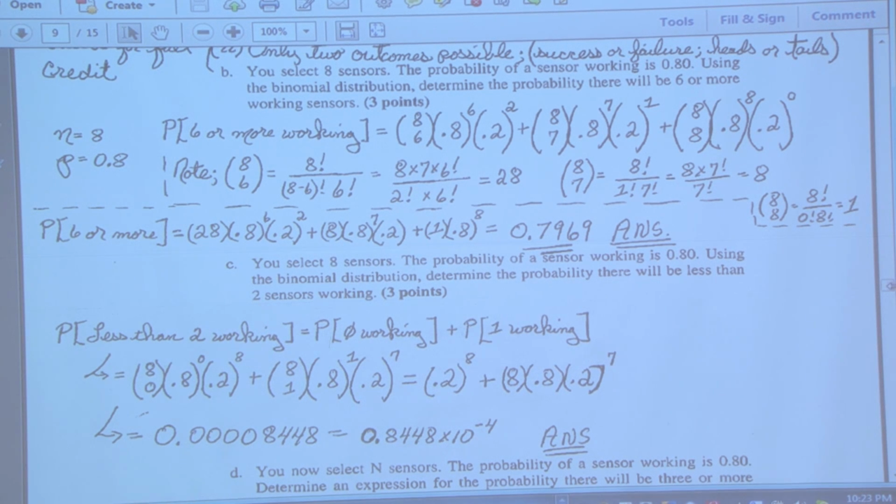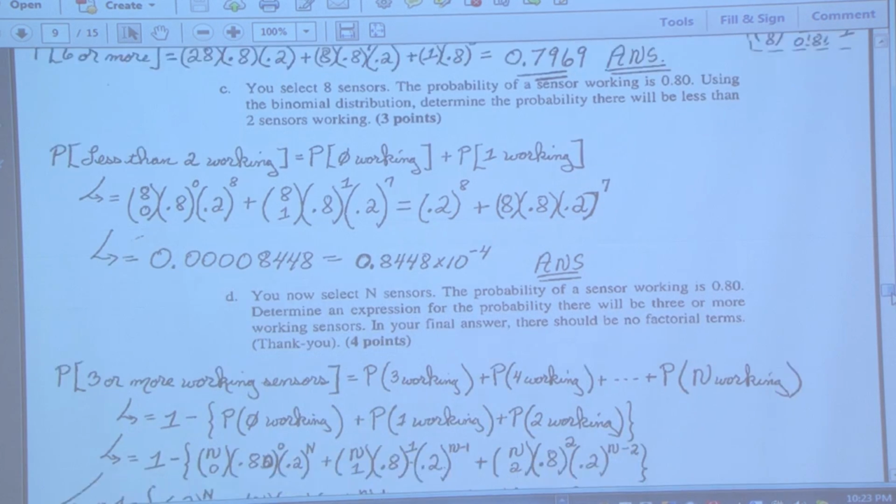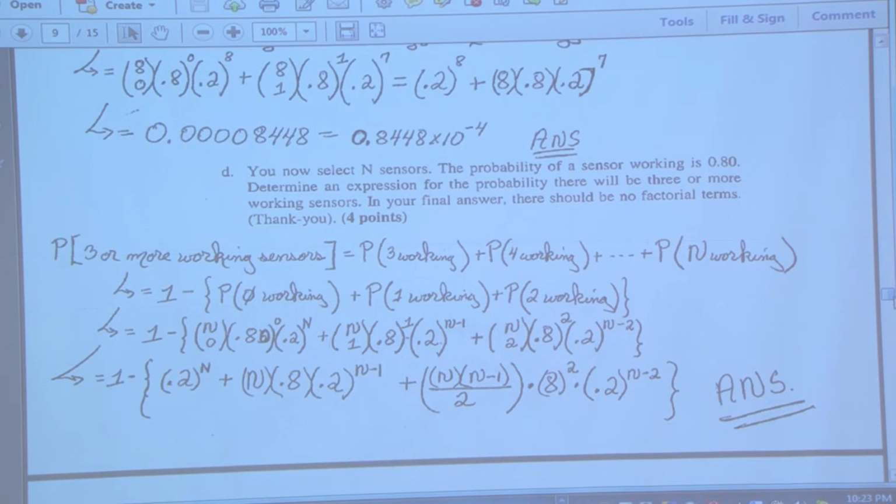Last, we have N sensors. Now this, I had to think about. The probability of a sensor working is 0.8. Determine an expression for the probability that there will be 3 or more working sensors.